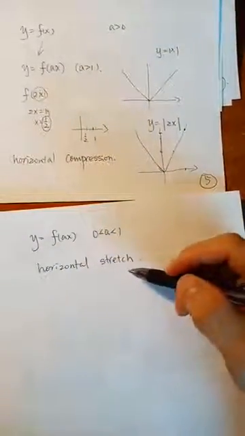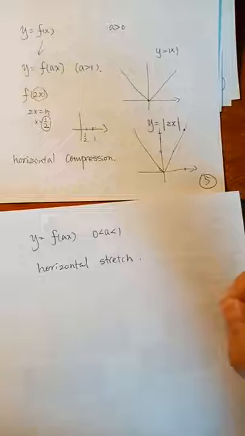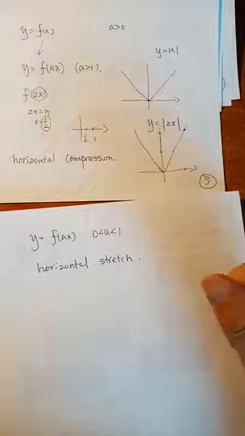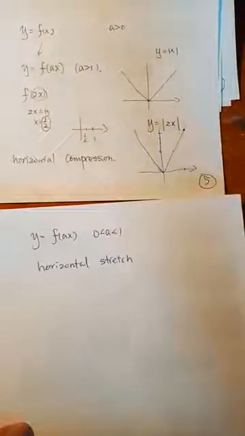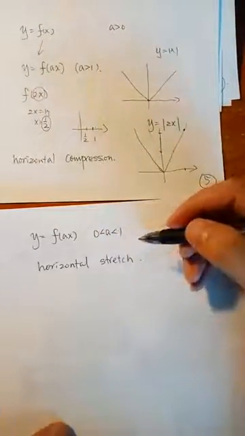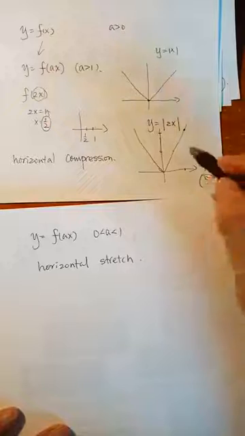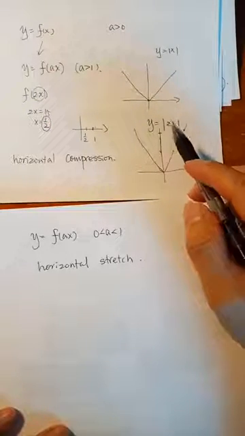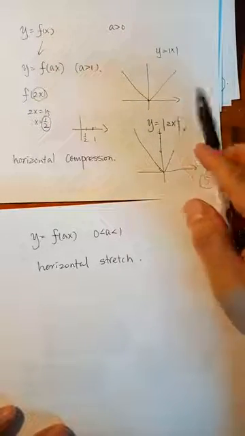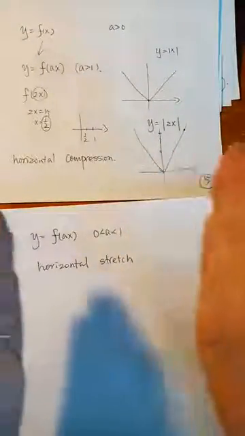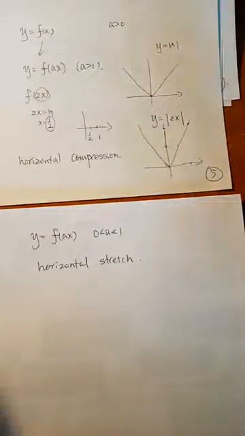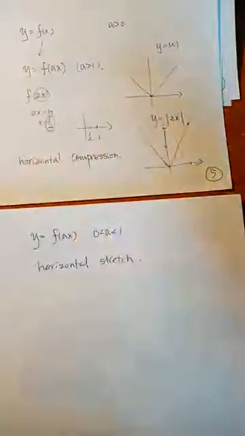So whenever you are not so clear about these concepts, just use absolute value of x to demonstrate. You consider it in the horizontal sense or in the vertical sense. Here in the vertical sense it's a stretch, but in the horizontal sense you compress it, so it's a horizontal compression.